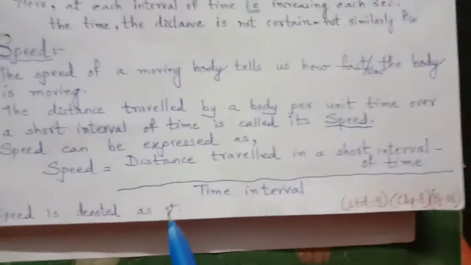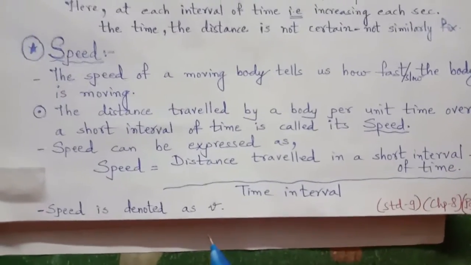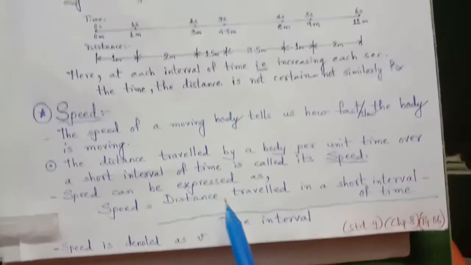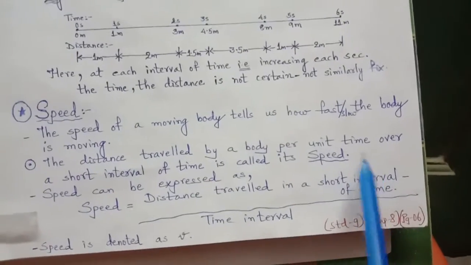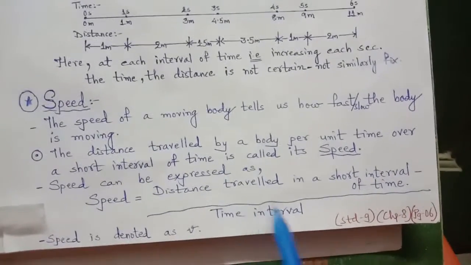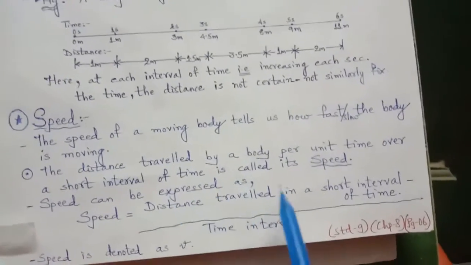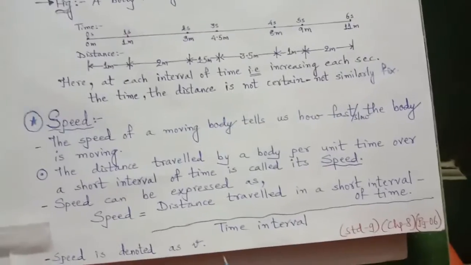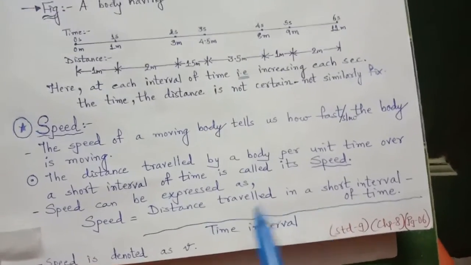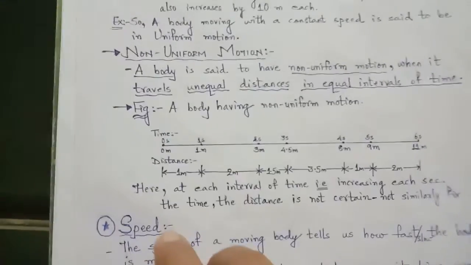So this is the symbol of speed. How is it measured? Distance travelled in a short interval of time upon time interval. We can say that the ratio of distance travelled by a body in a specific time is termed as speed.